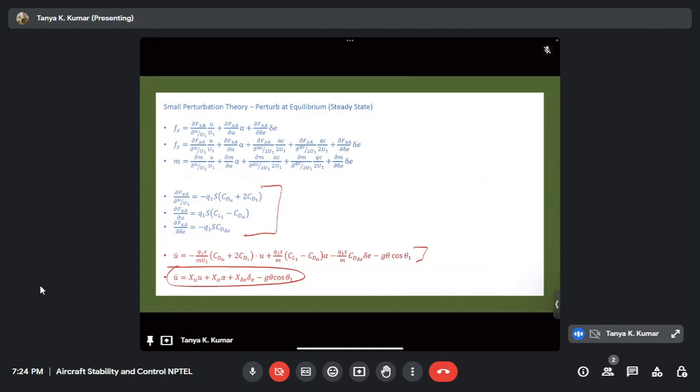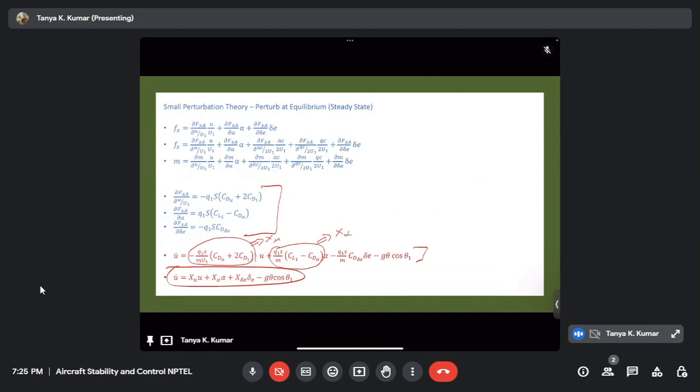So they are just written in a compact form. So this is xu, this is x alpha, and you have that minus g theta cos theta 1. Remember that the quantities with subscript 1 are the steady state or the equilibrium values, trim values.